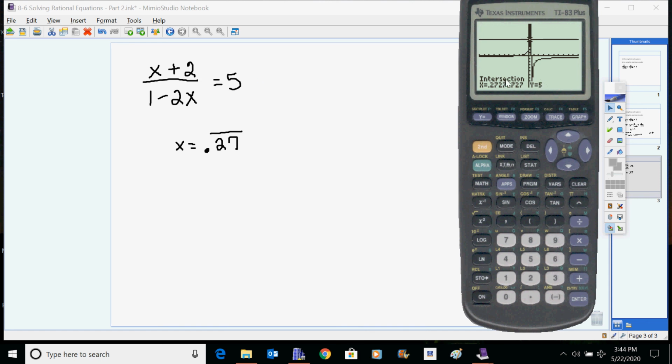Okay? The intersection is just that one point where this also equals 5, and that's where x equals 0.27272727. It's 0.27 repeating. And that's it. So second calc, intersect, enter, enter, enter. That gives you your answer.